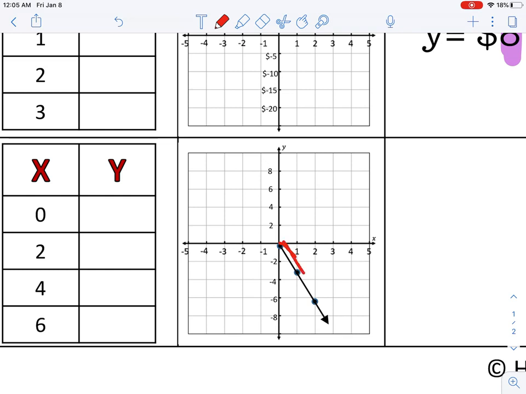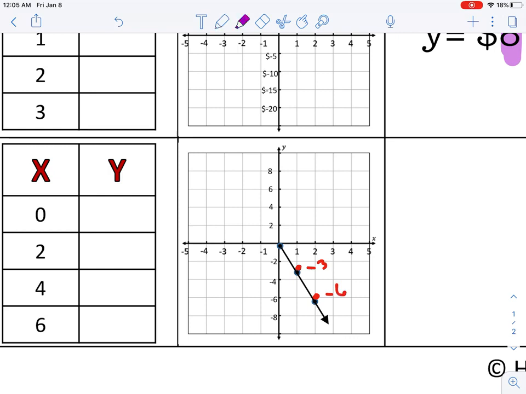I don't know if I can get a straight line here for you guys. So let me just show you something here. I'm going to do it this way. So when you come down here, that one's going to be -3, and this one should be on -6. So that should help you out, okay?